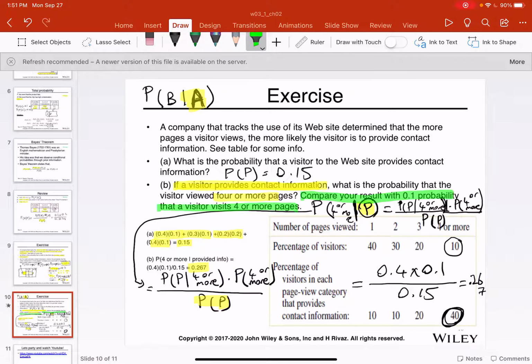So if we look here, there's a 10% chance that a visitor visits 4 or more pages, in general. And now we see that if we know that person provided information, the probability of 4 or more is basically 26%, right?